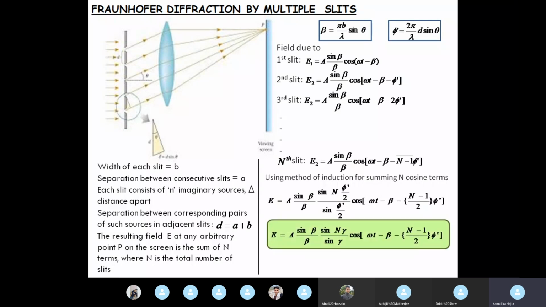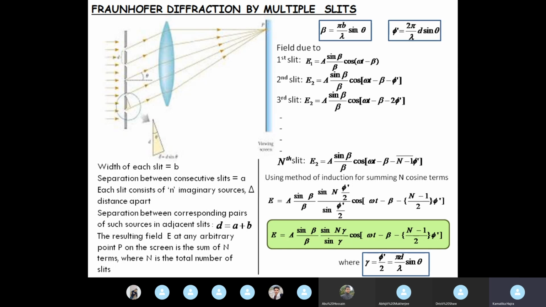So the resultant field is given by A sin β/β sin Nγ/sin γ cos(ωt − β − (N−1)/2 φ'), where what is γ? Again, a term taken from the double slit diffraction case. γ is φ'/2 equal to πd/λ sin θ, and again this is called the interference parameter.